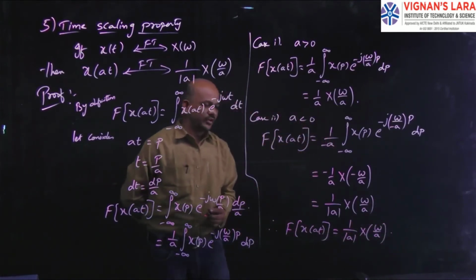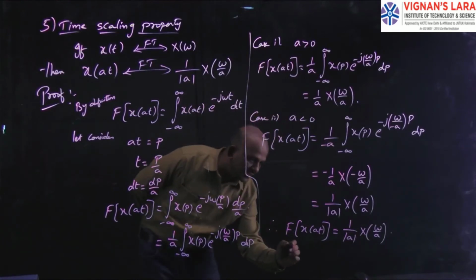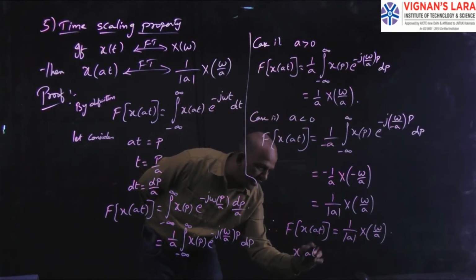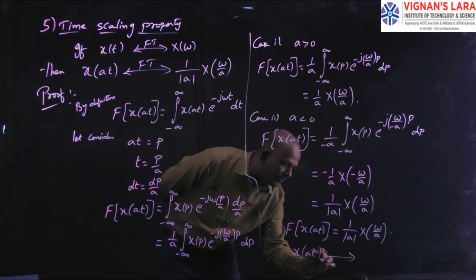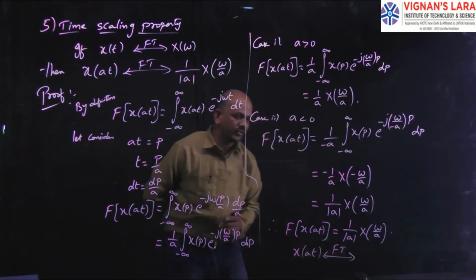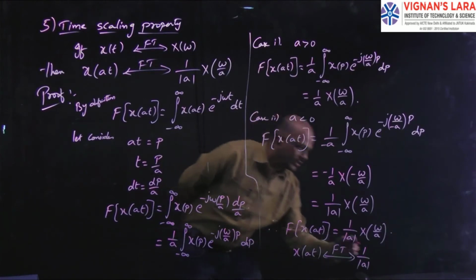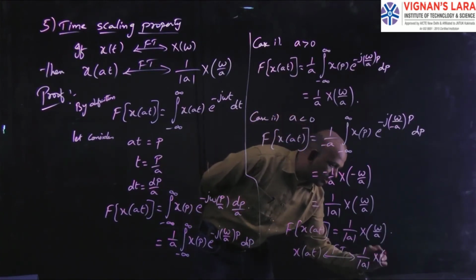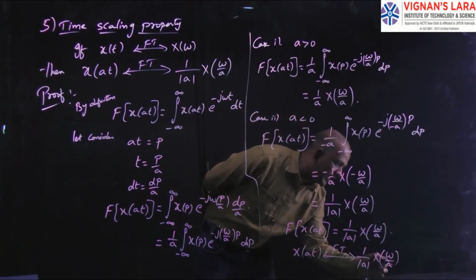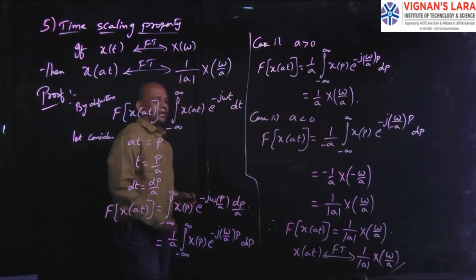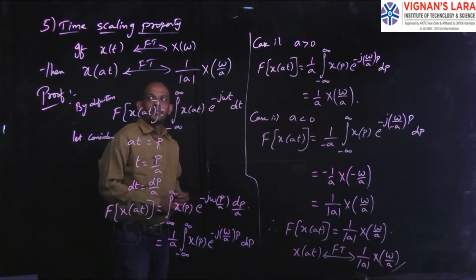Or simply you can write like this: x of at will have a Fourier transform 1 by mod a into X of omega by a. Okay, hence proved. So this is the proof for the time scaling property.